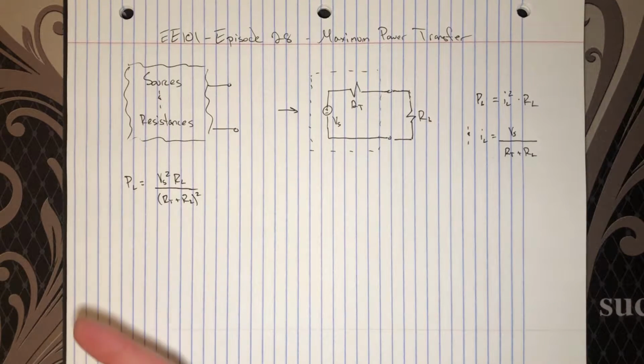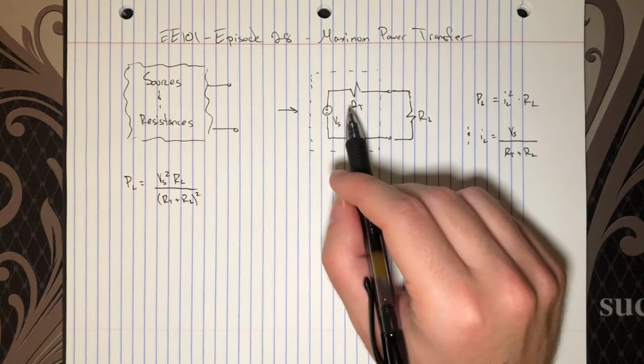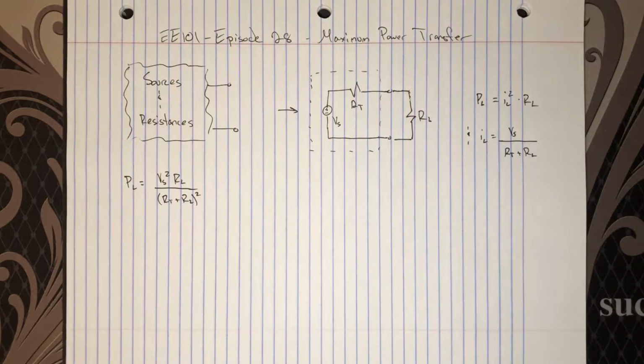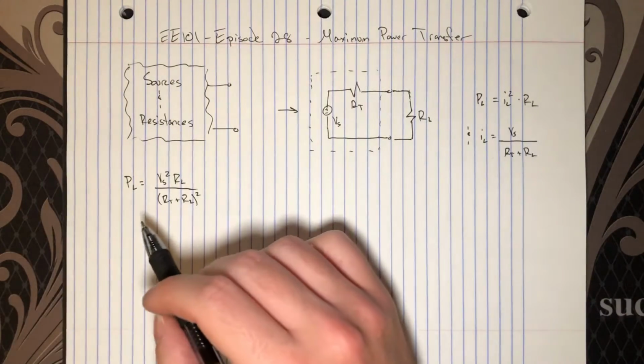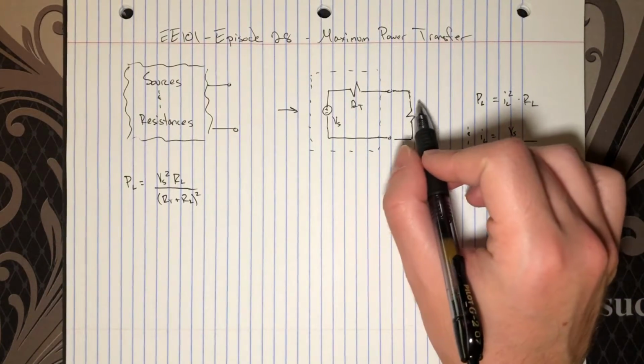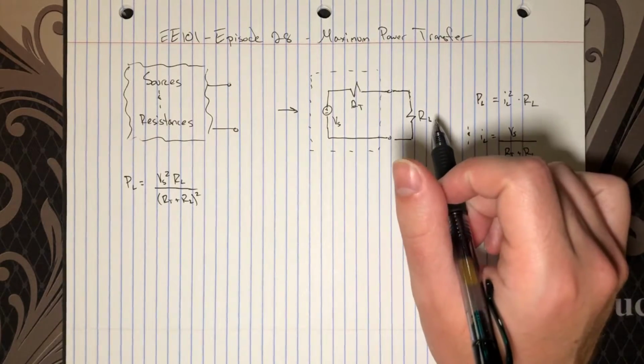Great, so now we have a nifty equation for the power in the load as a function of everything here in our circuit, our source voltage and our resistances, our source resistance and our load resistance. And this is great, but the original question was, what load can I attach here such that the power extracted or the power delivered to the load is maximized?